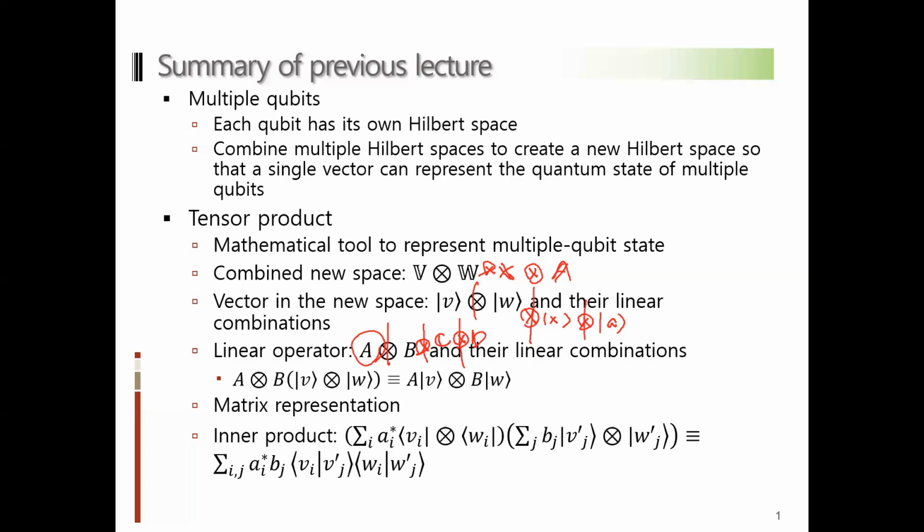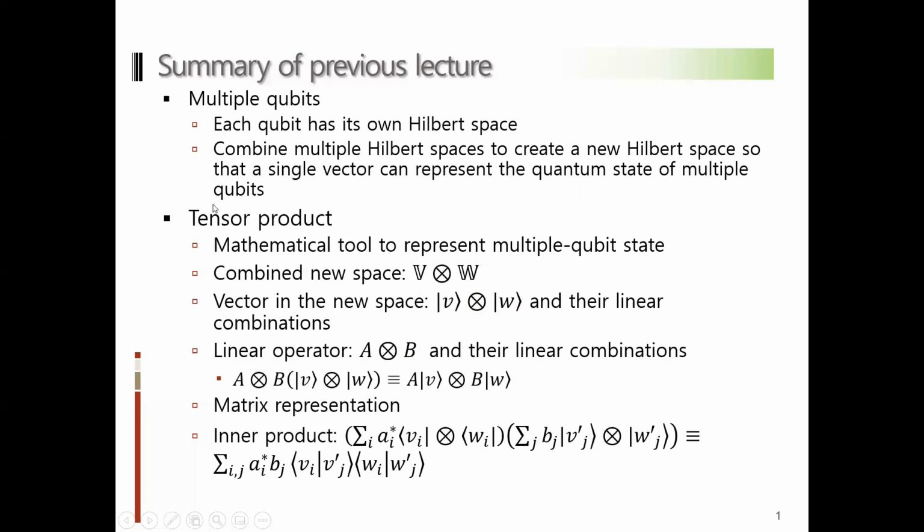The operator in the first partition will work on the vector in the first partition, and then the operator in the second partition will work on the vector in the second partition, and so forth. So those are quite straightforward rules. Don't be scared by this notation.